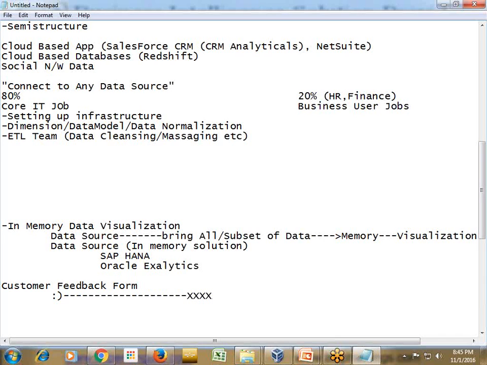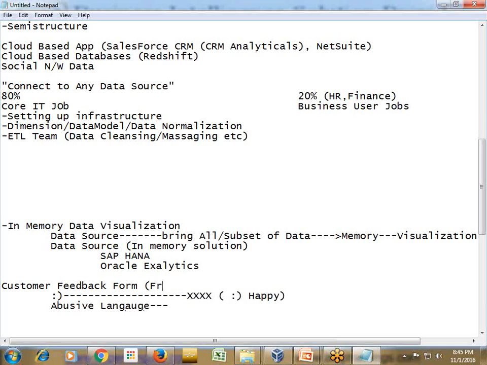So I need to write a business logic or some transformation rule. This means what? This means smiley, happy, right? It is possible that in a customer feedback form, people write abusive language. Possible, right? So you need to massage that. You need to remove that part, because it's free text, right?